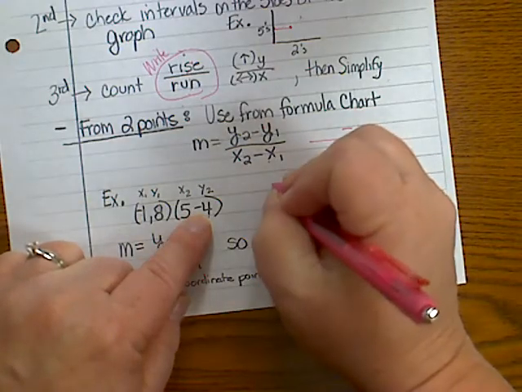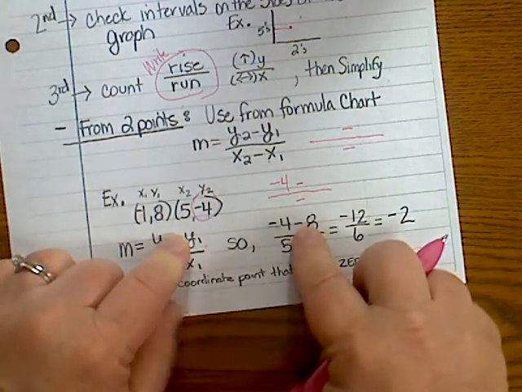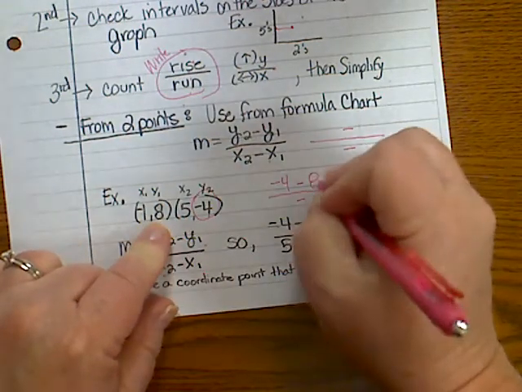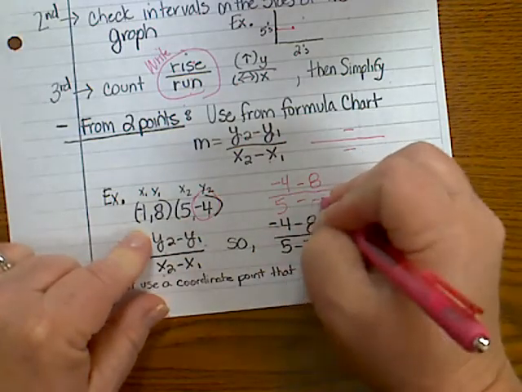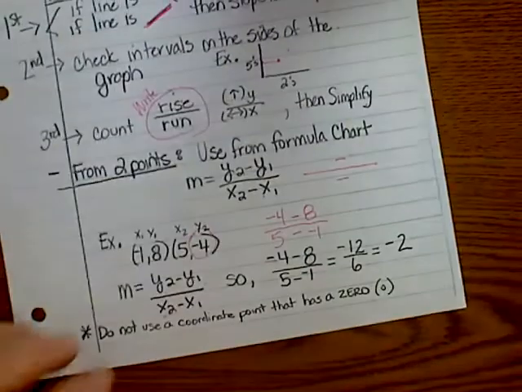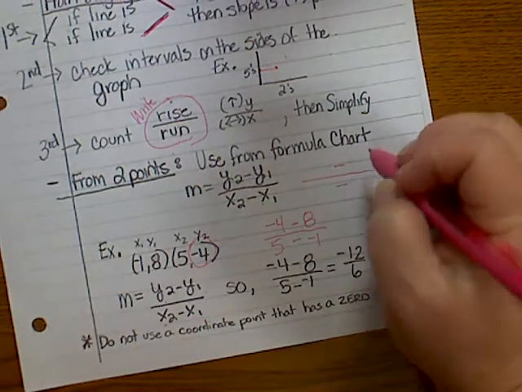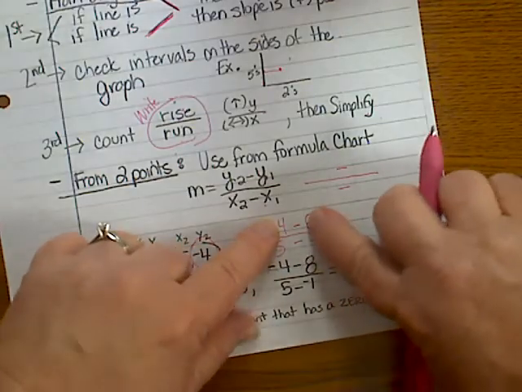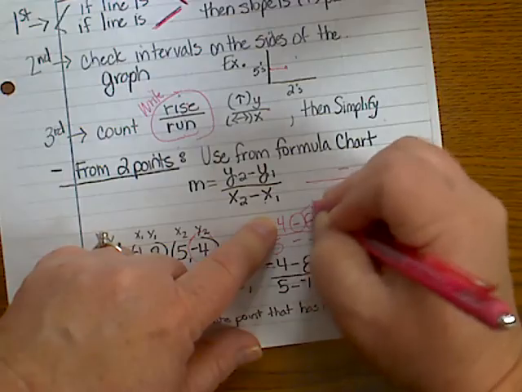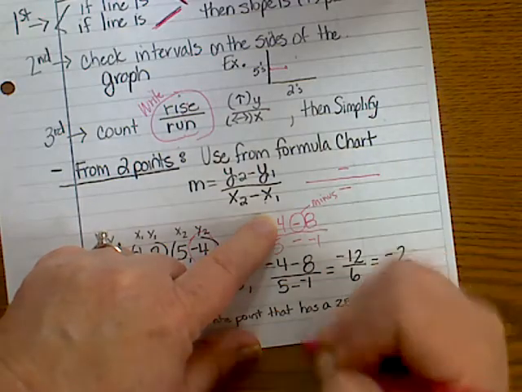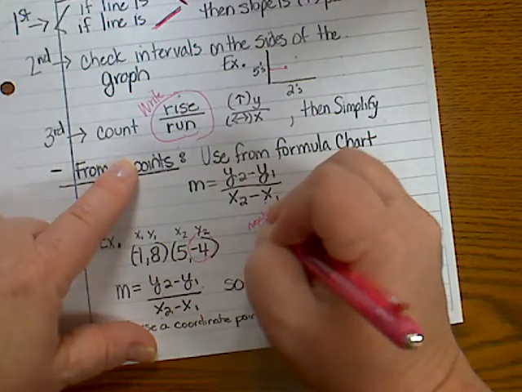I'm going to put negative 4, because that's my y2, subtract 8 over 5, subtract negative 1. Now remember, when do you use a negative sign or a subtract sign with your calculator? If it's in between 2 numbers, like right here, it is a minus sign. If it is out front, it is a negative sign.